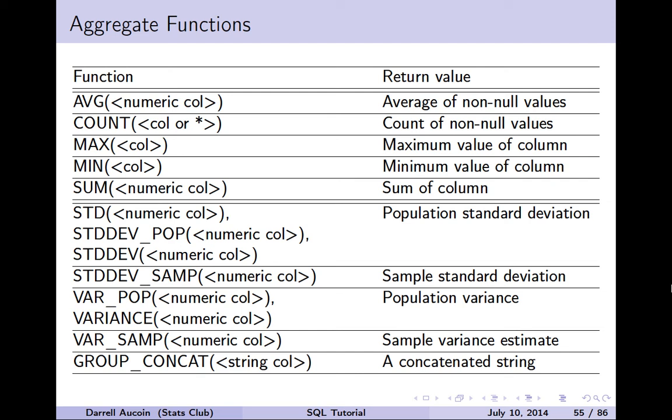You can also have sum for numeric values of a column. The other ones give you population standard deviation. Below the double line, that's all for MySQL only. Various different versions of SQL would have pretty much the exact same thing, just with names slightly different.